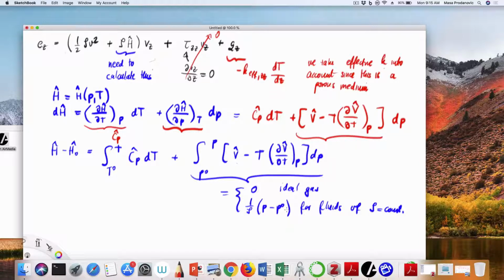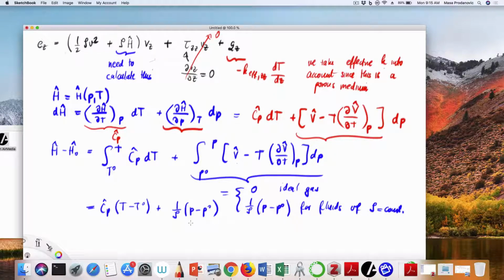So this integral is also simple. For fluids of constant density, basically I have Cp (T minus T0) plus 1 over rho (P minus P0).